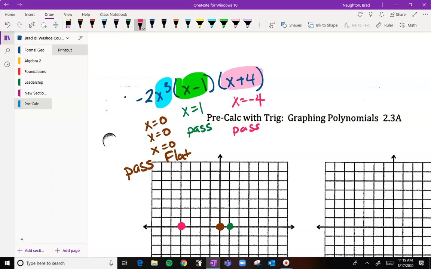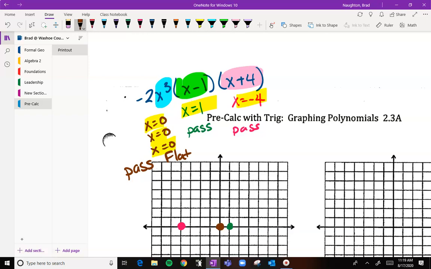Alrighty. So let's take a look at this, because this is why this one gets a little funky. I need to use my end behavior to help me. Let's look at my degree. In this case, I don't know if I want to double distribute and FOIL this back out to find out what it actually is. That doesn't look fun. So let's look at how many zeros I have. 1, 2, 3, 4, 5.